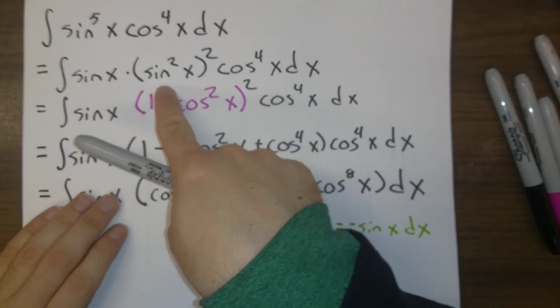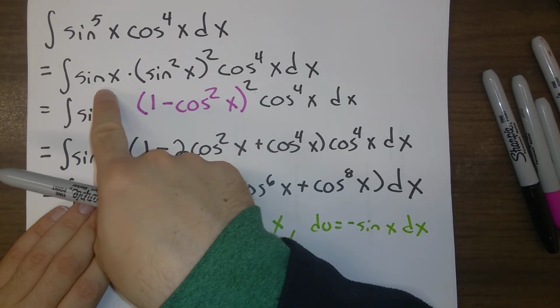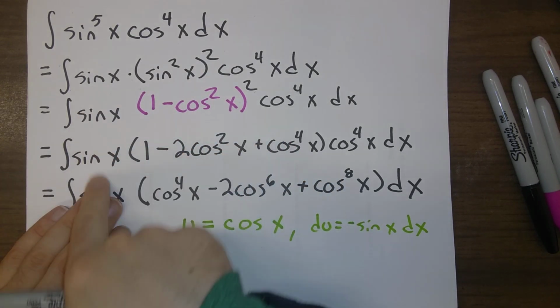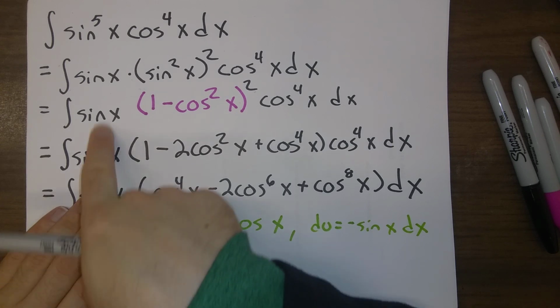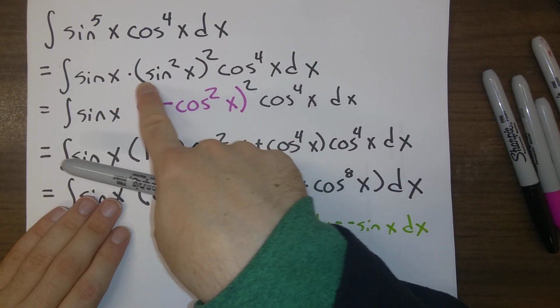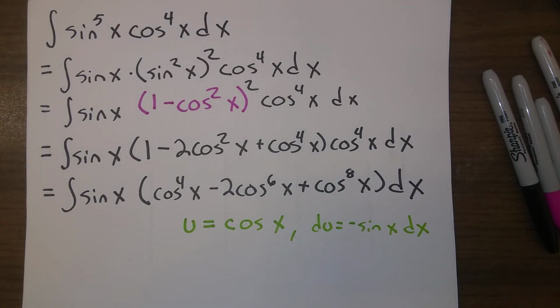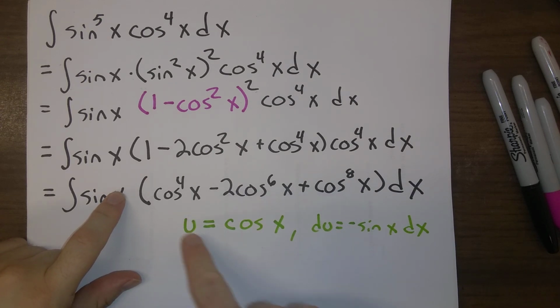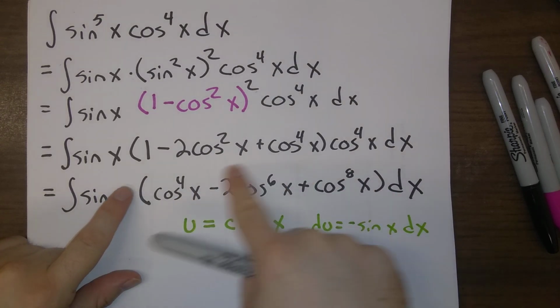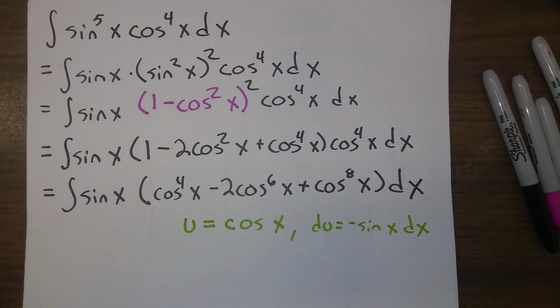So what we did is split off one factor of sine x, knowing that it would be part of our du, and we rewrote everything else in terms of cosine x. Now we can just say u is cosine x. We don't have any other factors of sine x to substitute for, and life is good.